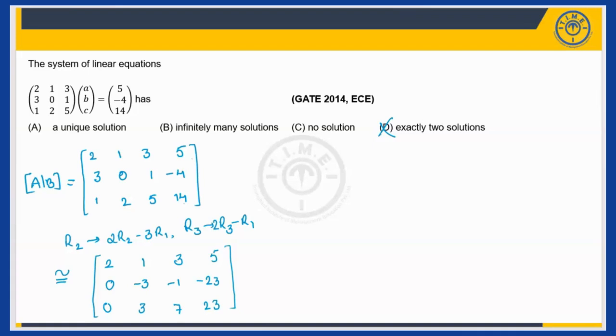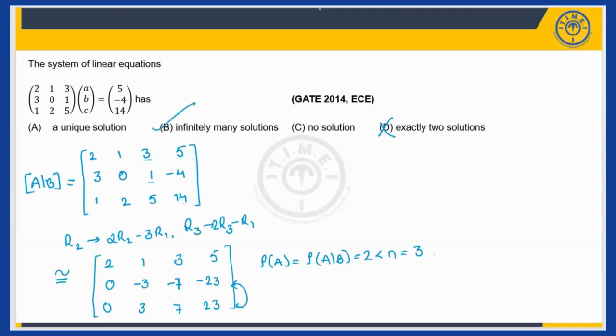I think I made a mistake. 2 2's 4 minus, sorry, 2 minus 9. 2 minus 9 is minus 7, right? So now again, these two are identical. So then rank of A is 2 and rank of augmented is also 2 and it is less than the number of unknowns.